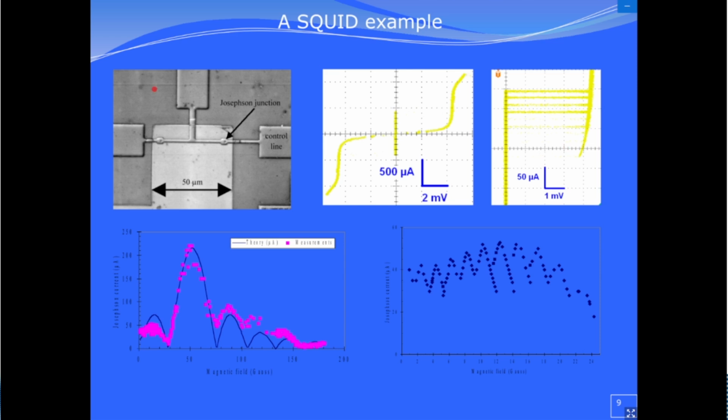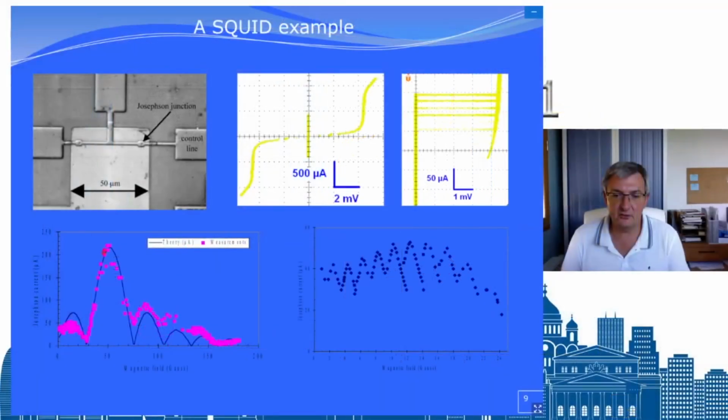And the second thing you can do is apply a magnetic field on this system and measure this maximum current here. And what you observe when you do that is this. It was not a perfect SQUID, of course. This is the critical current as a function of magnetic field.